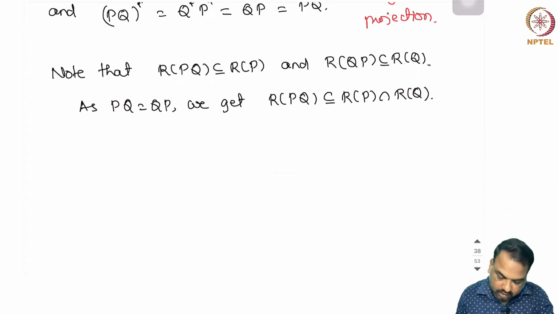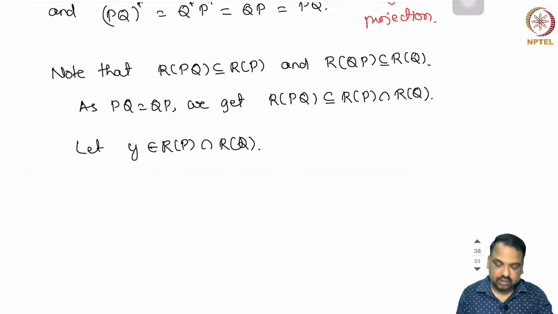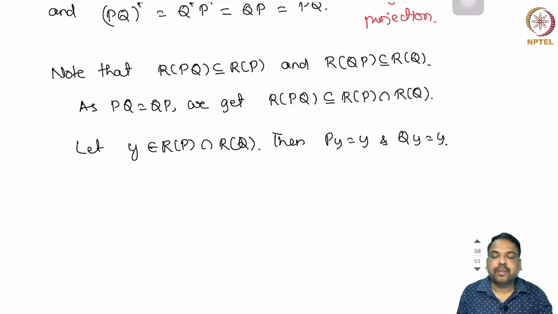Okay. On the other hand, let us pick some element from intersection of these two ranges. Let us take y in range of P intersection with range of Q. Then we can say that Py is y as well as Qy is also y. Okay. Then we want to show that y is in range of PQ.